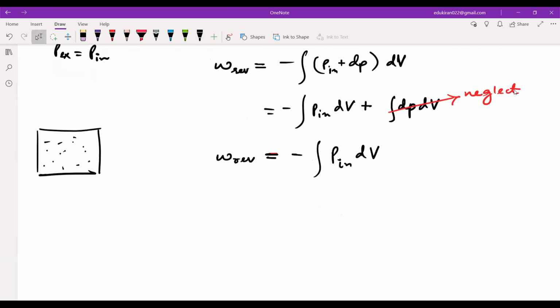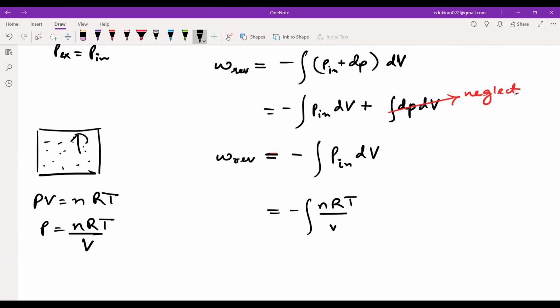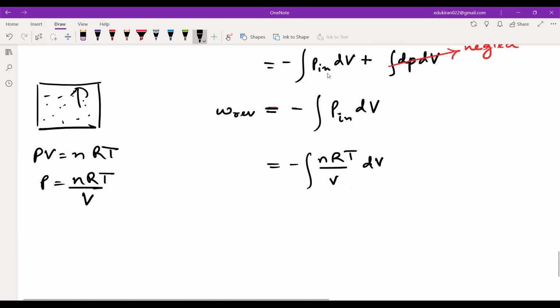From the ideal gas equation, PV is equal to nRT, so pressure will be equal to nRT upon V, where everything else is constant and only the volume changes. So this is minus integration of nRT upon V times dV. Since nRT are common, minus nRT times the integration of 1 upon V dV.